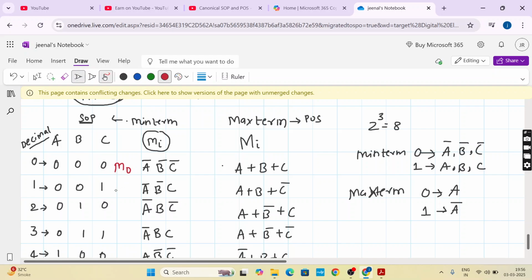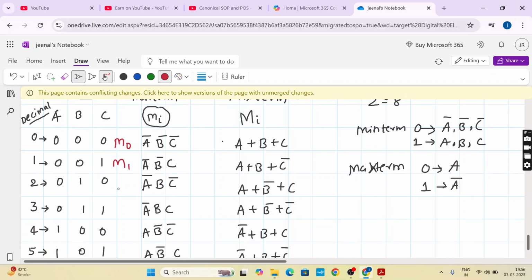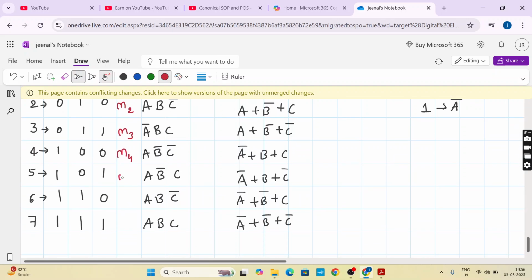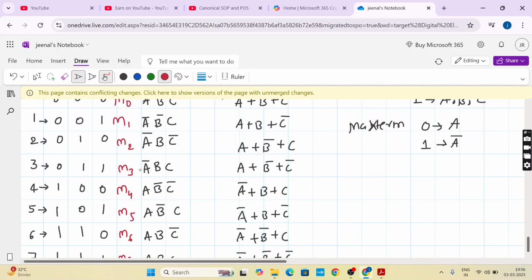Then small m suffix 1, small m suffix 2, small m suffix 3, small m suffix 4, small m suffix 5, small m suffix 6, small m suffix 7. So this is how you represent a minterm.